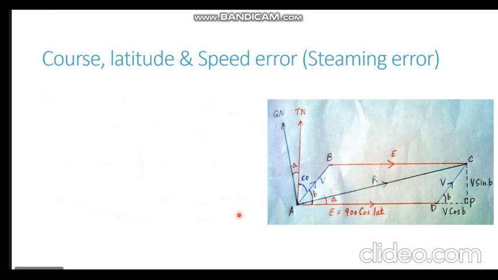Now moving further, we are aware that this alpha Bravo vector, the blue color vector, represents the course and speed vector of the ship, and it is the same as delta Charlie vector in the diagram. Delta Charlie vector, the blue color vector represented by capital V, gives us the course and speed of the ship. Now this vector is making an angle of small b with the easterly direction.